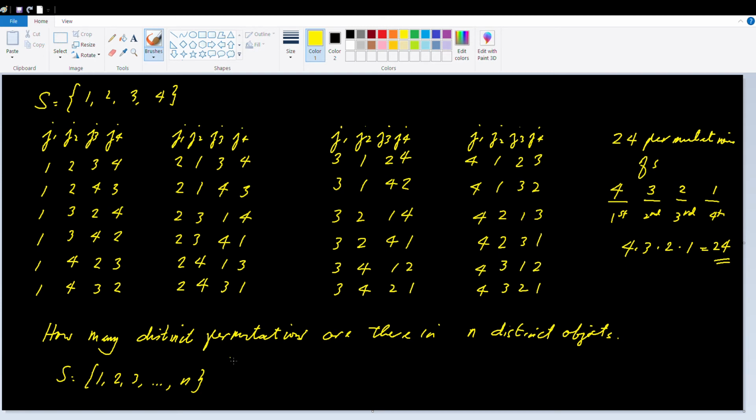Applying this to S equal to 1, 2, 3 up to n, the number of permutations will be n times n minus 1 times n minus 2 and so on, times 2 times 1, which is abbreviated by the symbol factorial. So there are n factorial distinct permutations for S from 1 up to n.